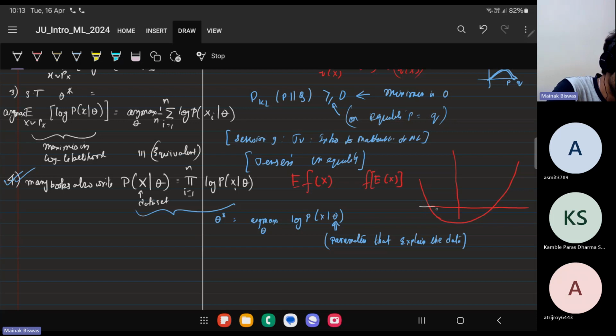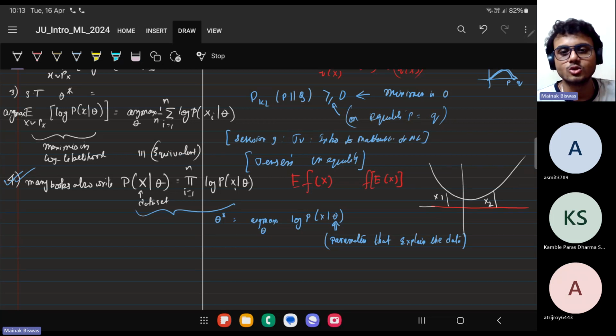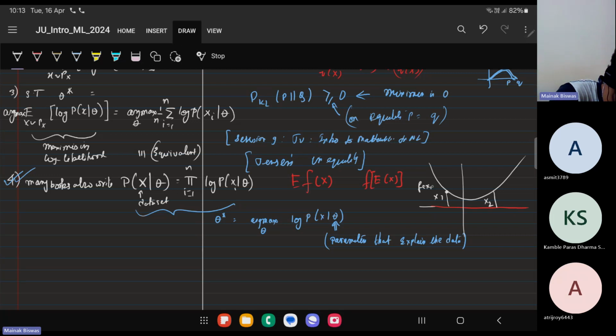Now, if I take two x's, x1 and x2, just drawn on the top for simplicity, this is your f(x1) and this is f(x2). Yes or no?